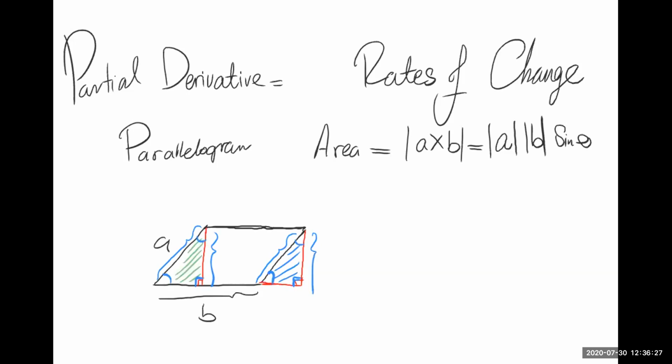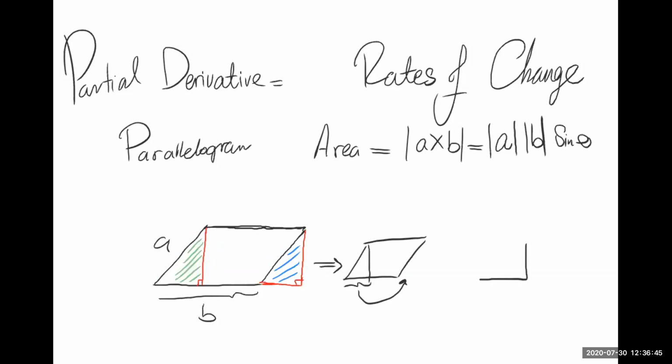So the green triangle and the blue triangle are equivalent. What does that tell you? Rather than computing the area of this thing, I can remove this one and bring it here. What would I get if I bring this triangle and put it here? I would end up with a rectangle.